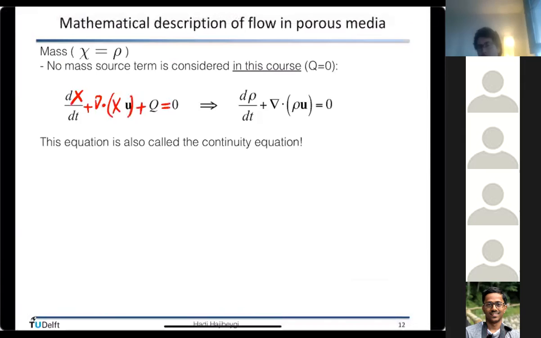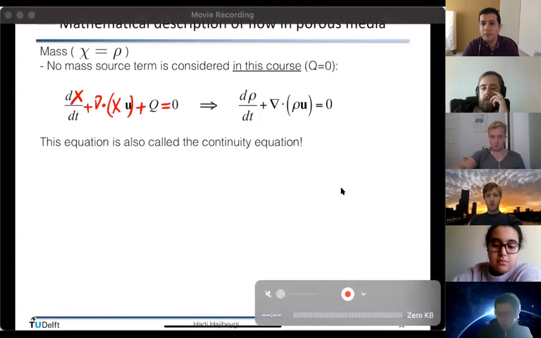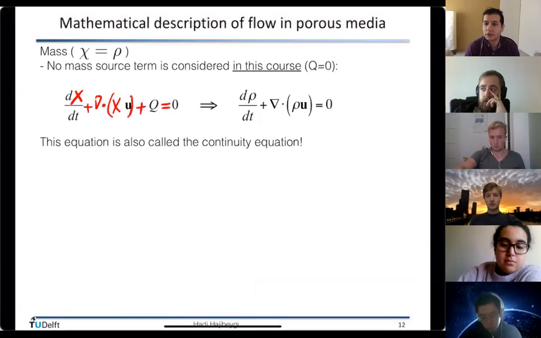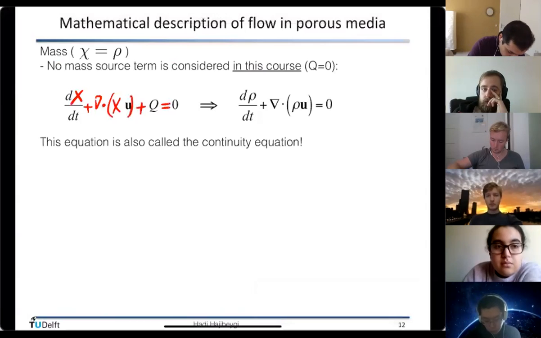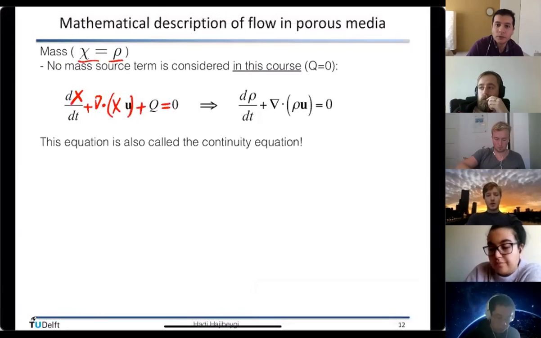Okay. Now, if I use density for mass, what would I do? Instead of x, I'm going to do mass here. So I'm going to replace x with rho, which is density. Then instead of x here, I'm writing rho.